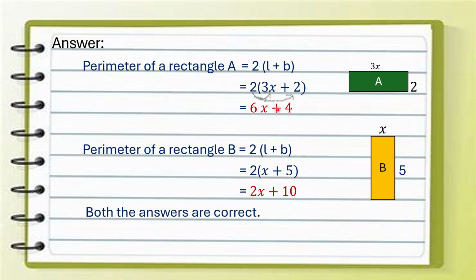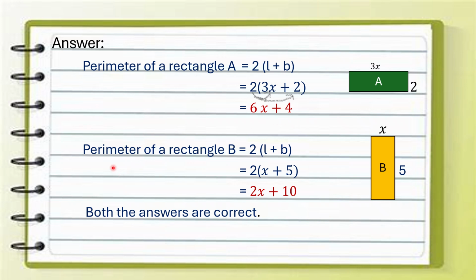Now 2 is common for 3x as well as the 2. So 2 we have to multiply by 3x as well as multiply by 2. So 2 into 3 is 6, so 6x plus 2 into 2 is 4. So the answer is 6x plus 4.